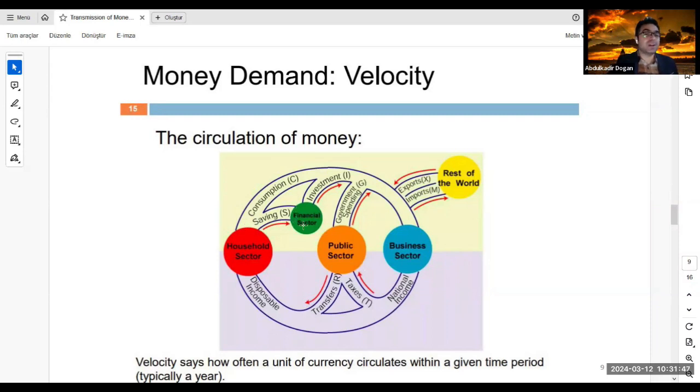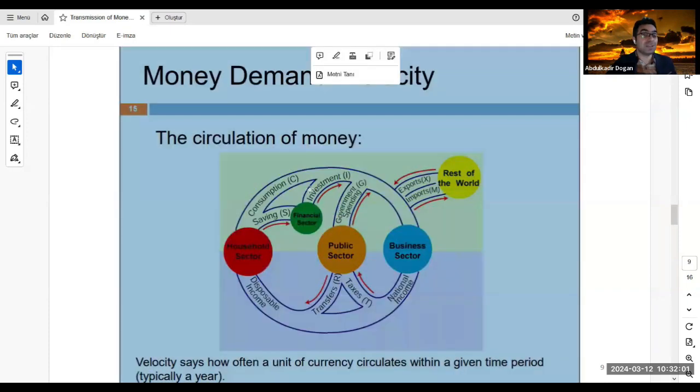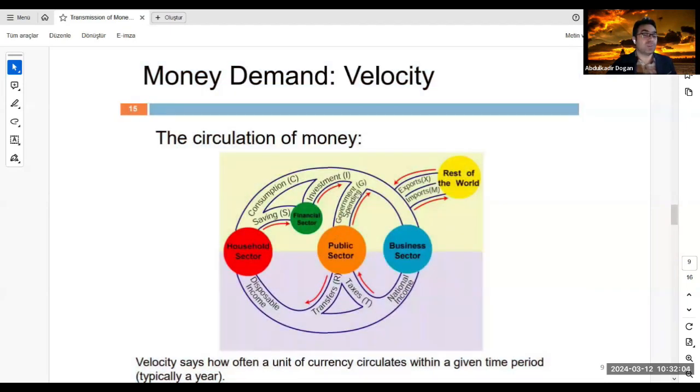And when the savings come to the financial sector, they will make an investment with the savings, right? If you save the money, then you will buy FX, gold, bonds, or stock exchange shares. This will be your investment. The government also spends money. As you see here, transfers and taxes are their basic consumption levels. And from the business sector, if I put the national income, then from the rest of the world, if this is a country, I have exports to the rest of the world and imports from the rest of the world.